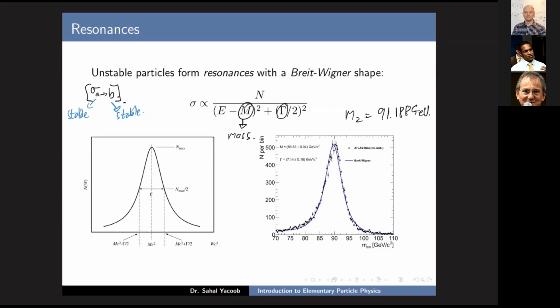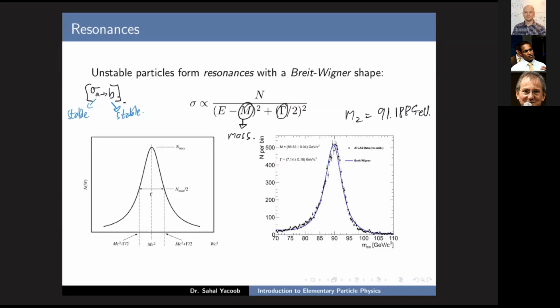That's why an electron, for example, has an incredibly well-defined mass. And as particles are unstable, the more exotic particles, they'll have different channels they can decay into, different branching fractions, and they get wider.